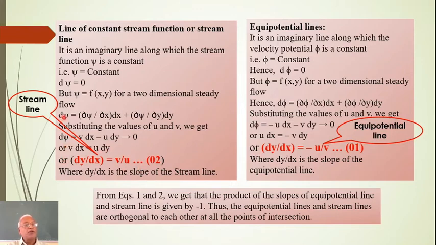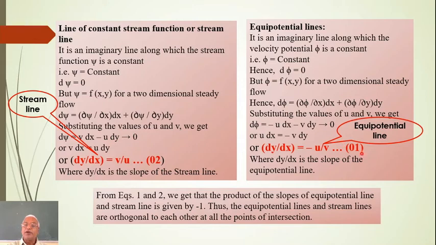What is the equation of the line itself? It is of course a differential equation as indicated here. d psi equals dou psi by dou x into dx, or d psi equals v dx minus u dy, or d phi equals u dx plus v dy. So these two are called the equations of the streamline and the equations of the equipotential line.